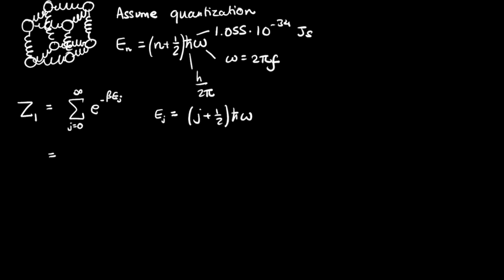So let's substitute this into our exponentials. We have the sum from j equals 0 to infinity of e to the minus beta, and instead of Ej, we're going to write (j plus 1/2) h bar omega right here.